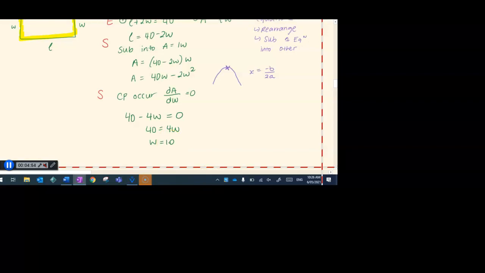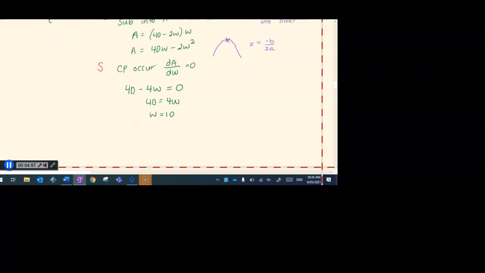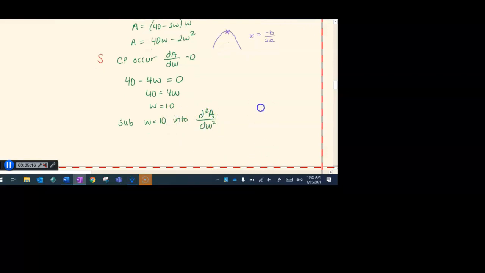So a critical point is going to happen when W equals 10. How do I now prove that that is a maximum? Second derivative. Okay, so use second derivative. So we're going to sub in W equals 10 into the second derivative. Again, use your notation correctly.